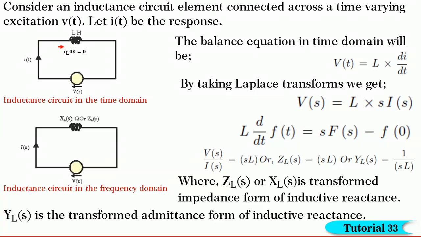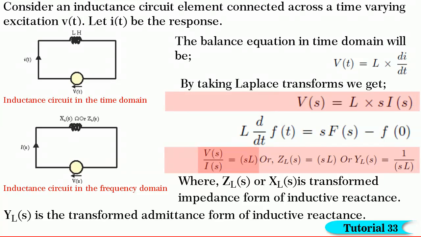Here we assume that the initial current through the inductance is 0, so we get V(s) divided by I(s) is equal to s into L, or ZL(s) is equal to s into L, where ZL(s) is the transformed impedance form of inductive reactance.